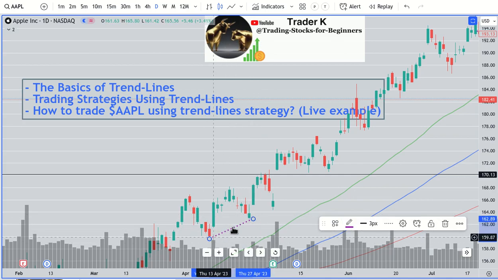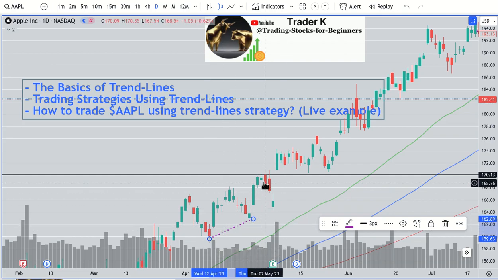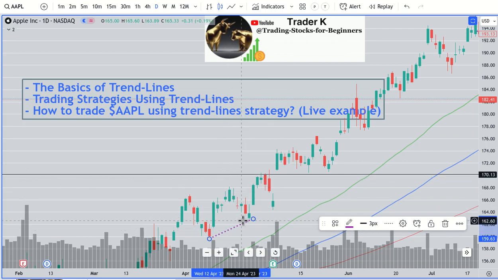So that's the trend line, a live example of how to draw trend lines. And actually, as you can see here, I just drew a trend line. You're probably not gonna draw it as good as I do, but you will learn and you will practice. Within time, you will get good at this kind of technical analysis.